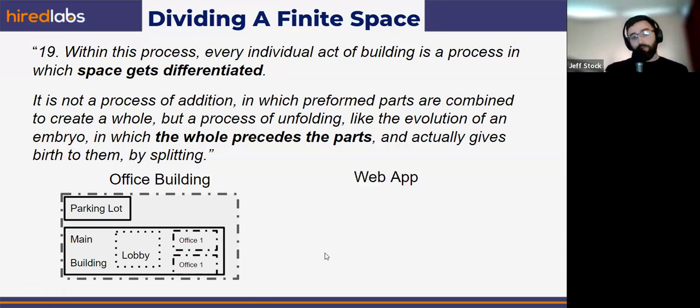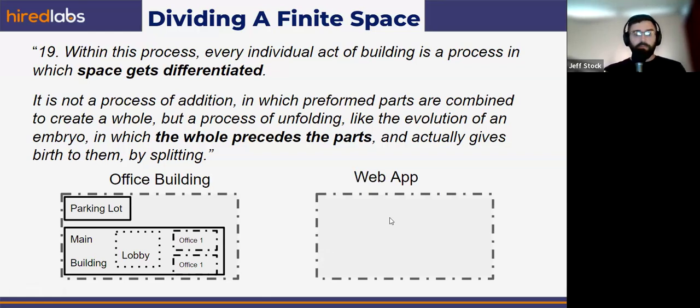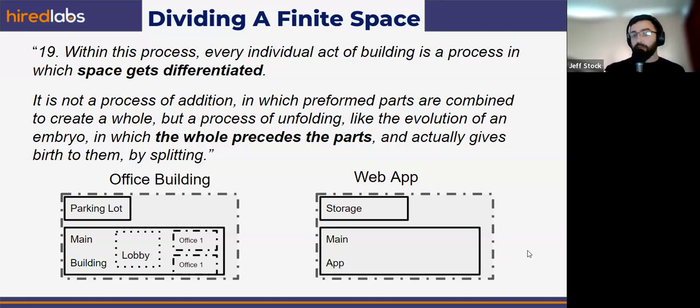Same sort of thing if we go into a web app. This dotted line might be an environment that you're working inside, a virtual environment, which we're going to talk about very soon. Outside of this is the computer that you're in, the internet, all the connections outside of the web application you're building. You may have your storage in here, which could be your database, cache, or memory, and could be further broken down. That's somewhat separate from your main application, but in the general area of your web app.